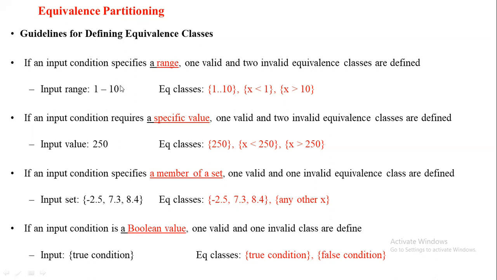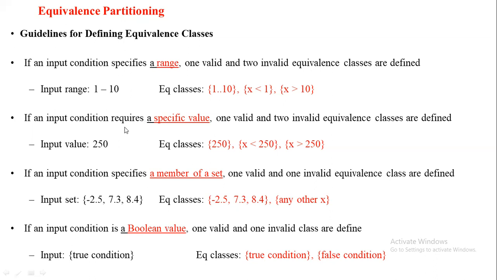So here is an example. If your input is a range, you have to use three equivalence classes: one is the valid range, one is invalid, that is less than 1, and the other equivalence class is greater than 10.